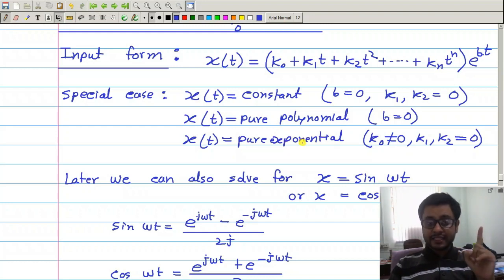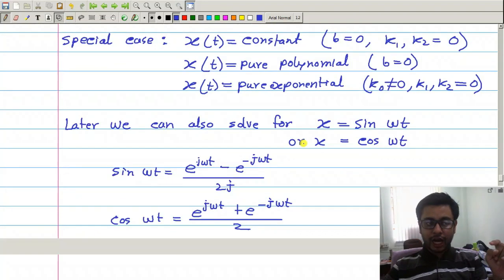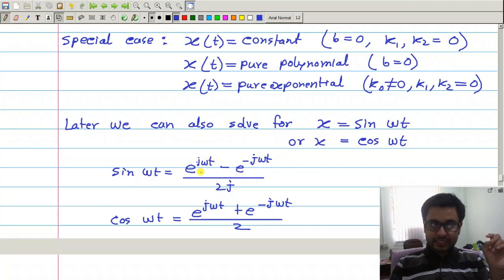since the systems that we are considering are linear, then to get the output for sin omega t or cosine omega t, we need to calculate the output separately for this exponential and this exponential, and then add them.